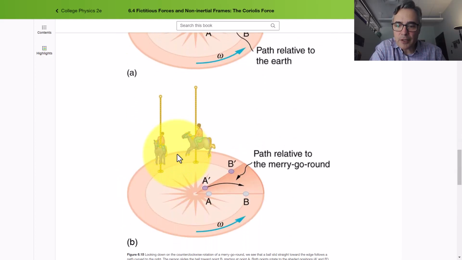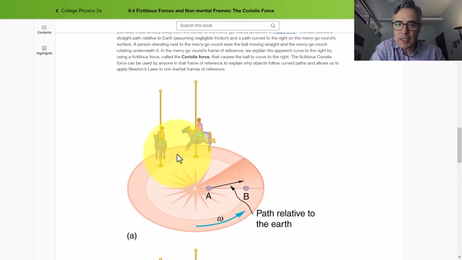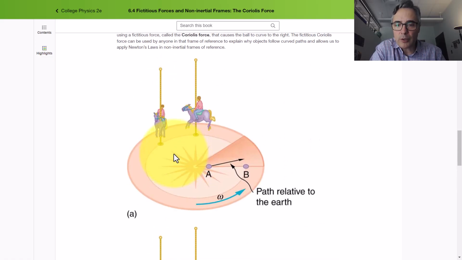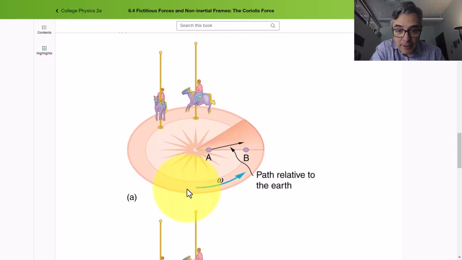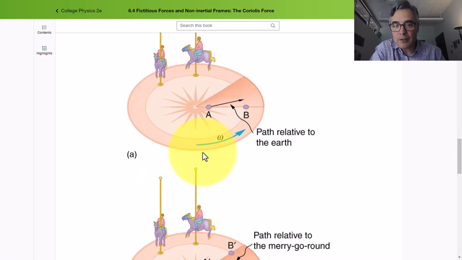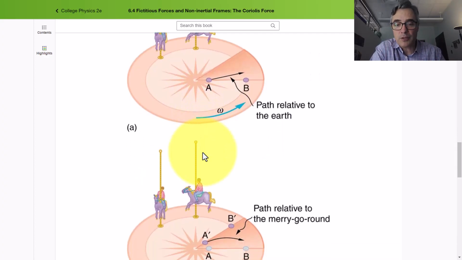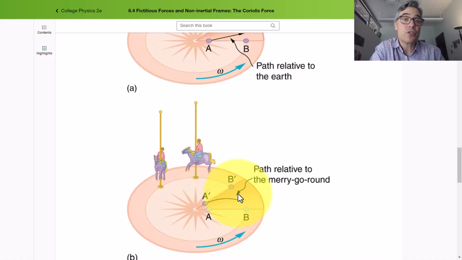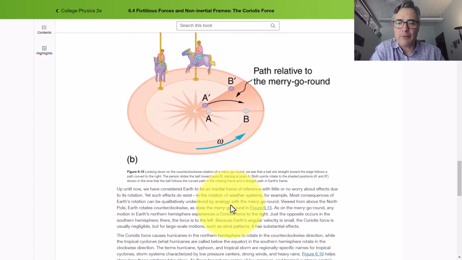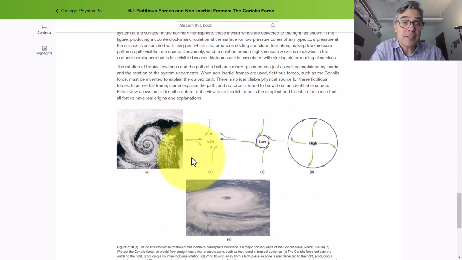And these next two figures, figure 6.15, are showing something called Coriolis force. So if you are on a rotating reference frame and moving, then there's another force, in addition to the centrifugal force, called Coriolis force, which turns your path in that reference frame. And in fact, this Coriolis force is what drives hurricanes.